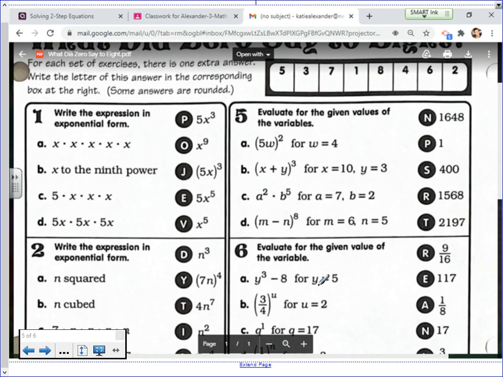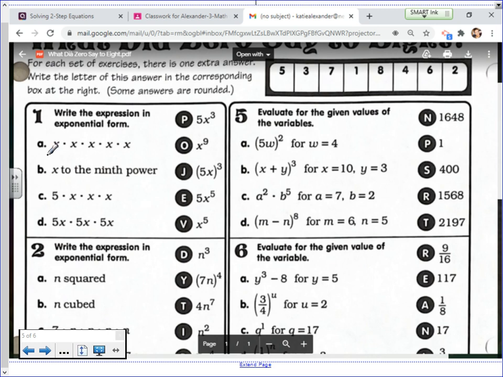Some answers are rounded. It says there is one extra answer. Write the letter of that answer into the box at the top.